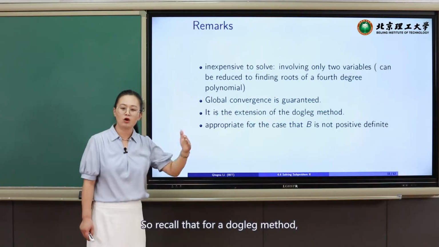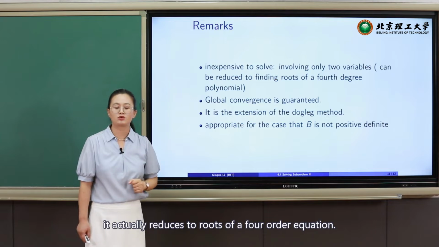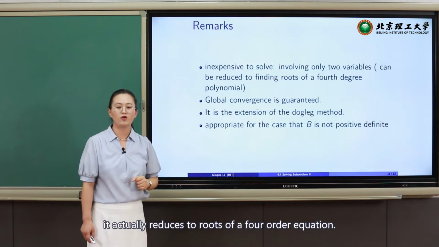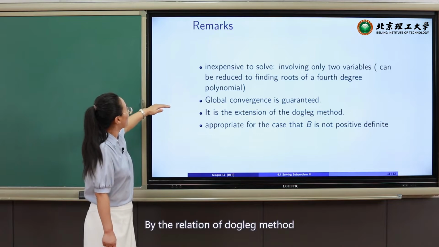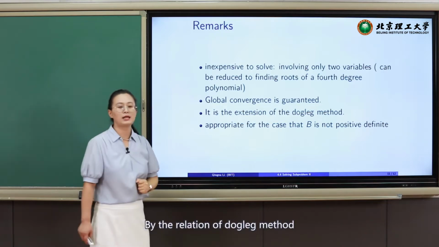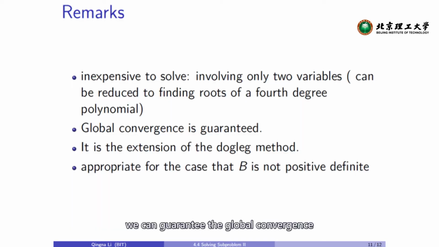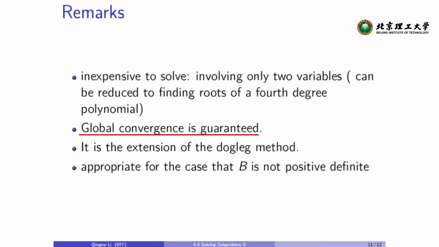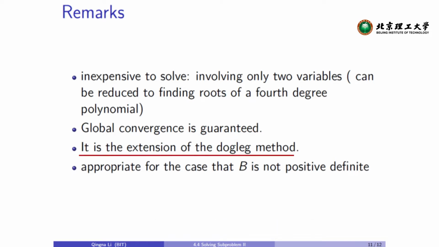Recall that for the dogleg method, it also reduces to roots of a fourth-order equation. And by the relation of the dogleg method with the subspace method, we can guarantee the global convergence for the two minimization methods. Finally, it is an extension of the dogleg method, as I just mentioned.